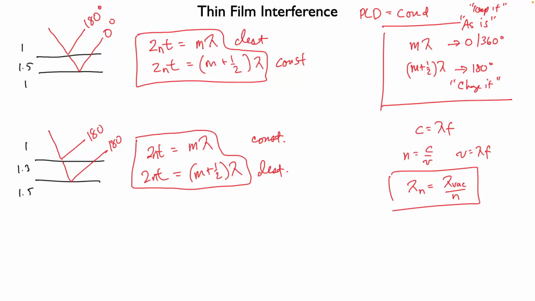That's the wavelength you use. You don't have to go and find the wavelength in the material. It's kind of baked in, right? 2 times the index of the thin film times the thickness of the film equals m times whatever wavelength they gave you in the problem. But it's an important thing you have to correct. But it doesn't change the process of it. Does not change the process that I taught you.